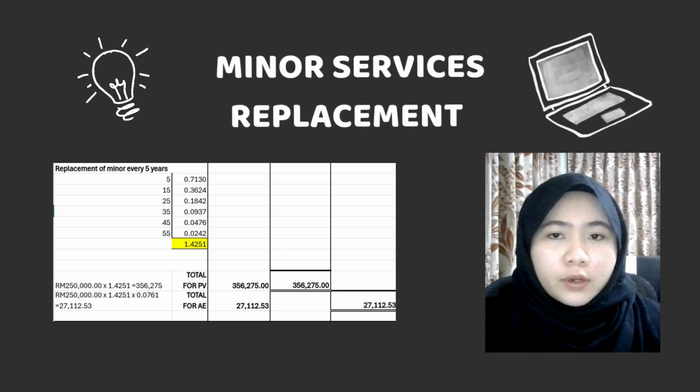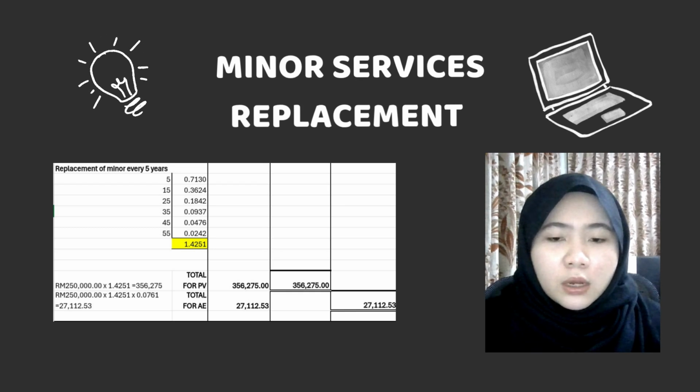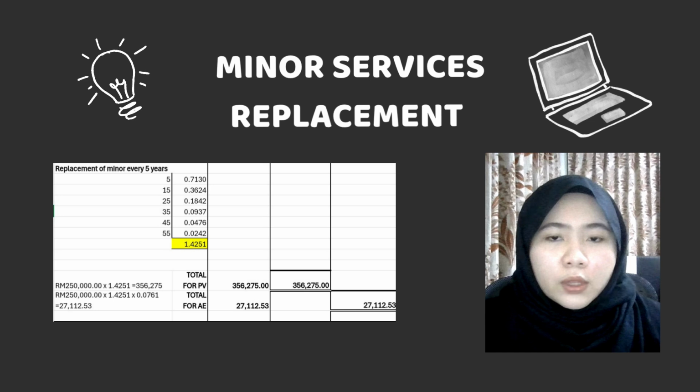Next, proceed to the replacement of minor services every 5 years. Please take note that there will be no minor services every 10 years, as those years have major services replacement. Therefore, starting from year 5 up until year 55, we will get 1.4251.